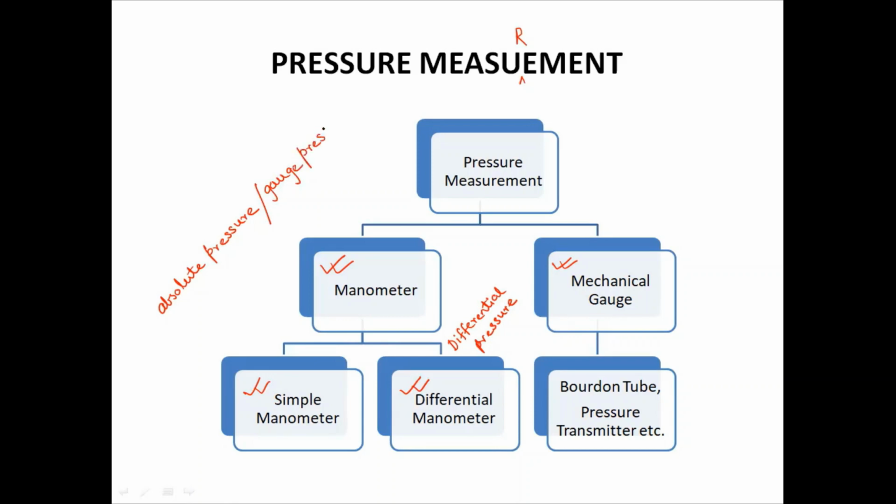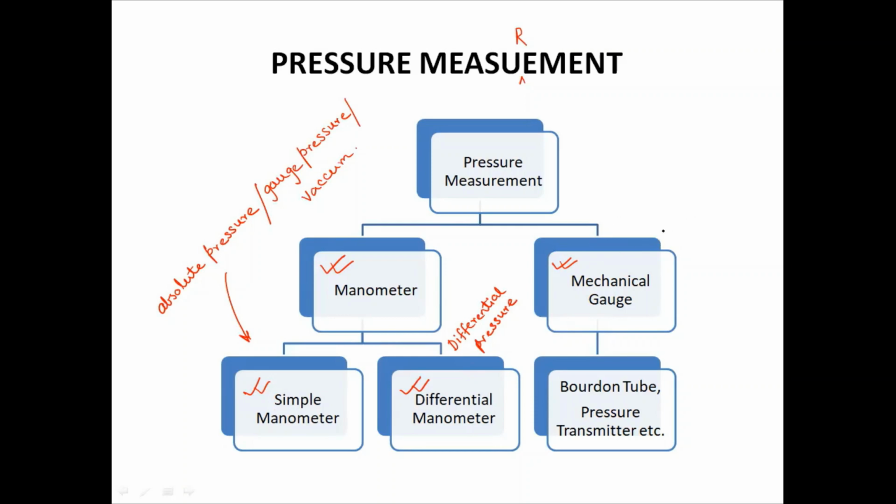Gauge pressure means how much pressure is above atmospheric, or vacuum pressure, how much vacuum is maintained. These three measurements are possible through the simple manometer, whereas with the differential manometer, only differential pressure we measure.